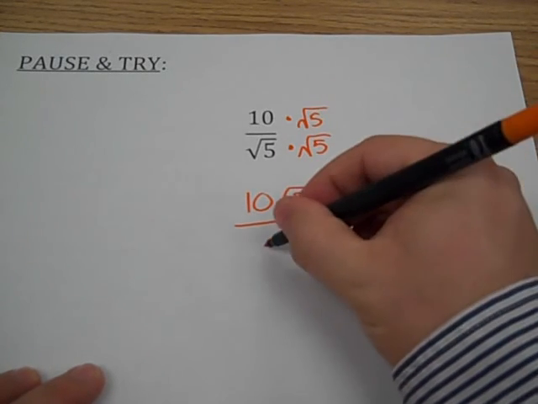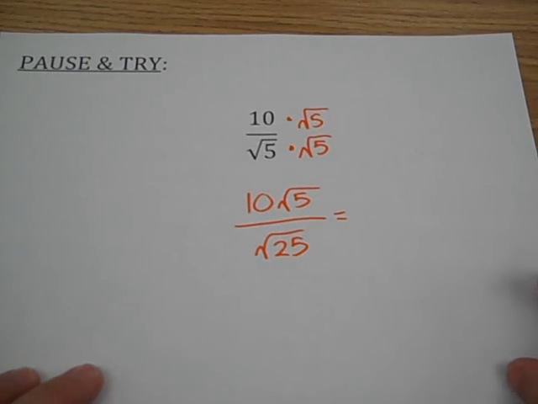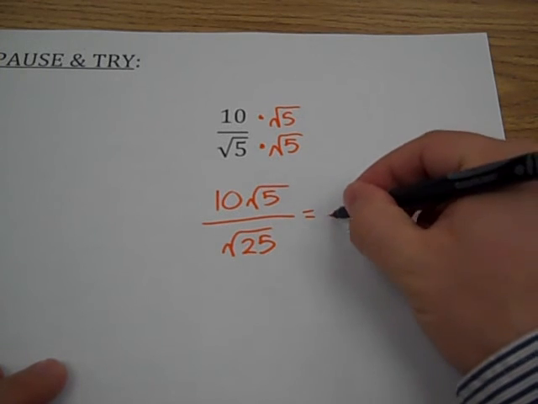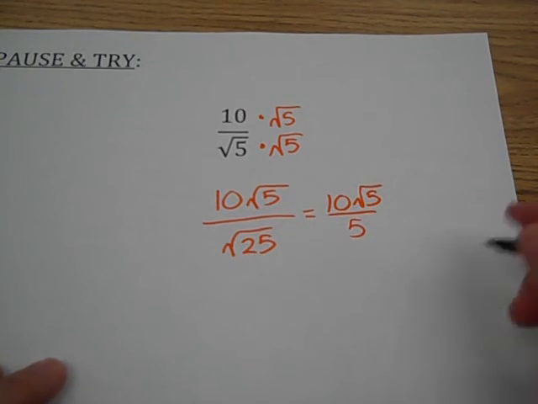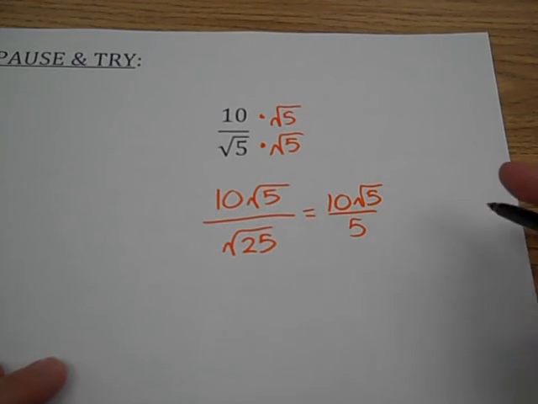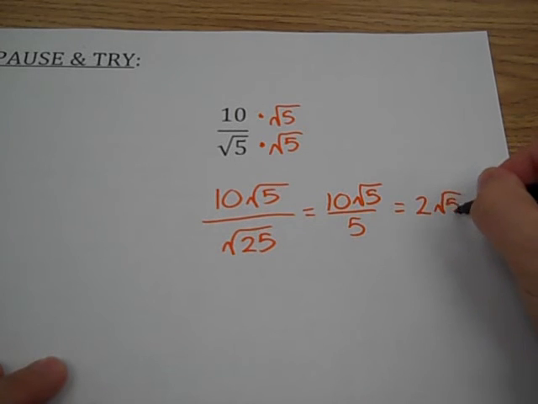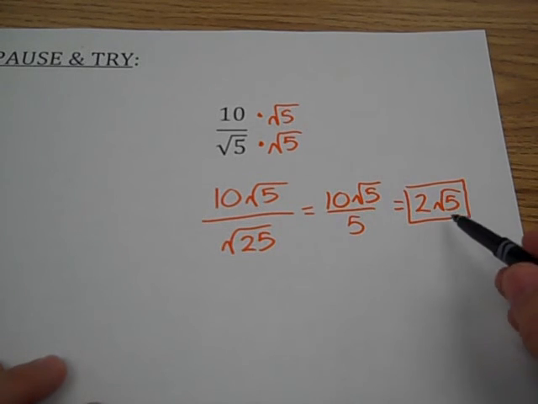On the bottom I get root 25. And hopefully you know that square root of 25 is just 5. And I can go one step further here to simplify. 10 divided by 5 is 2. So my final simplified, rationalized value is 2 root 5.